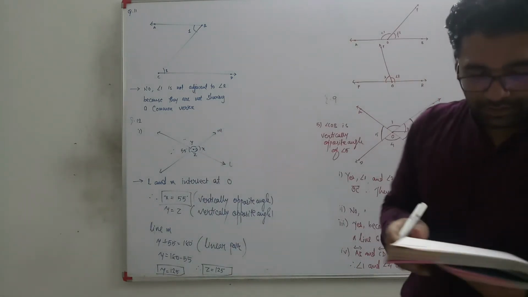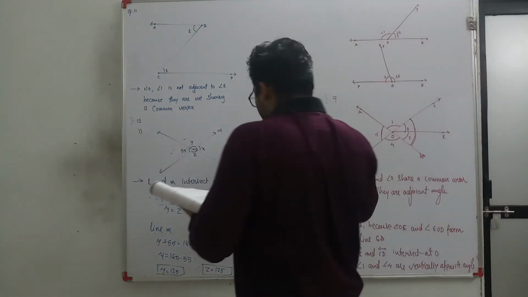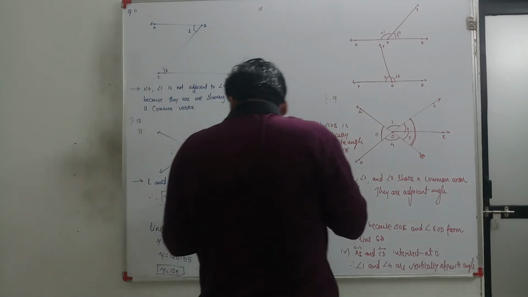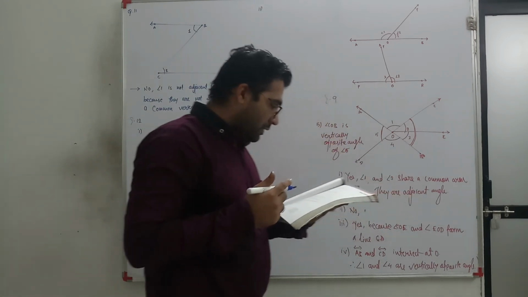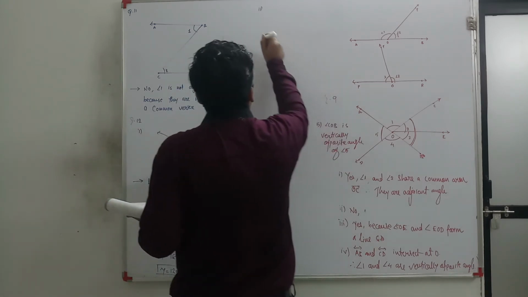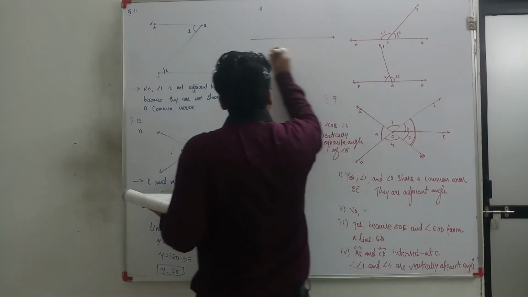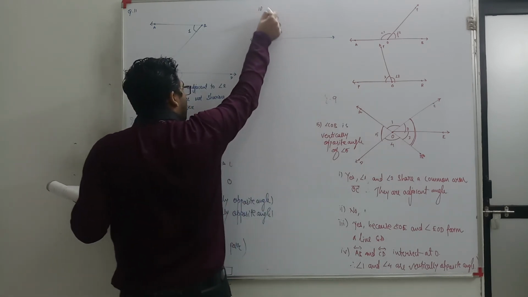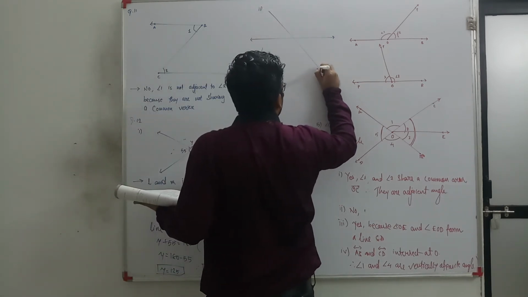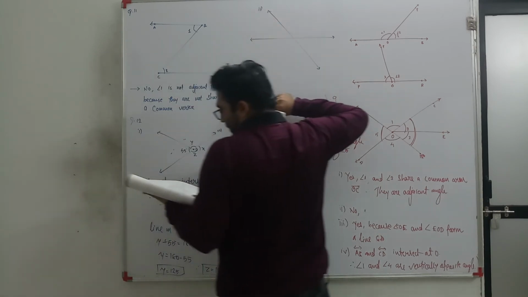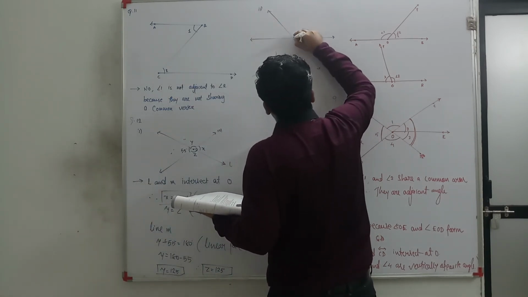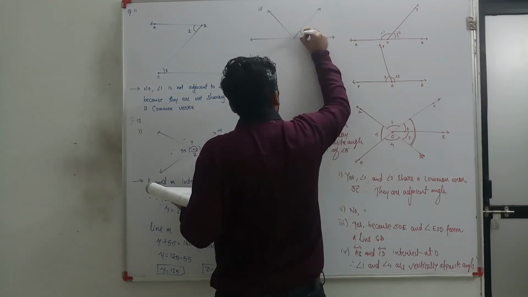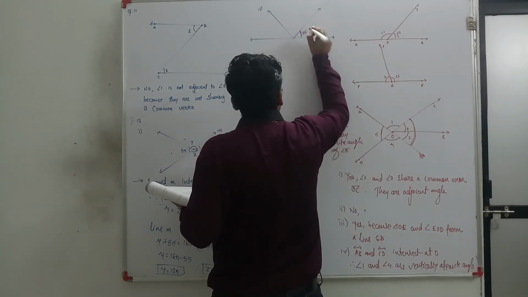Now see the next question. There is a question number 2. In question number 2, you will see that we need to apply the same concept to solve. It gives two lines. There is a first line, and this is another line, and there is one ray which intersects these two lines at one point. It is given that this one is 25 degree.